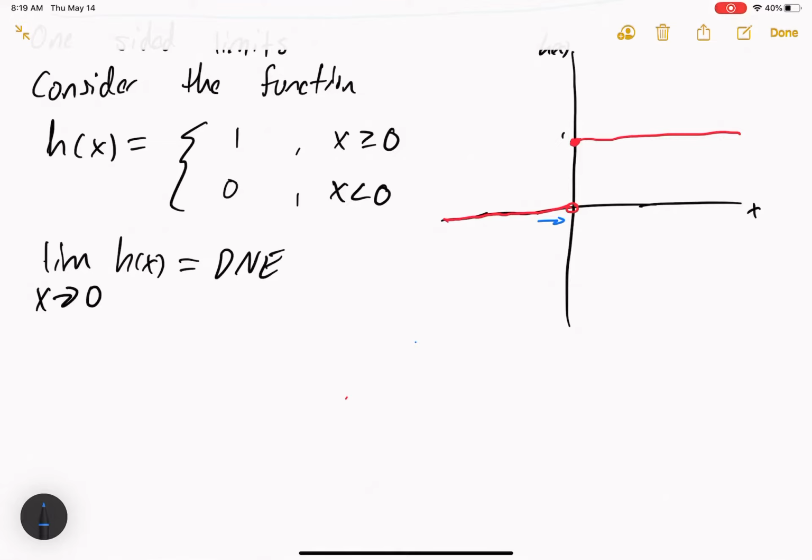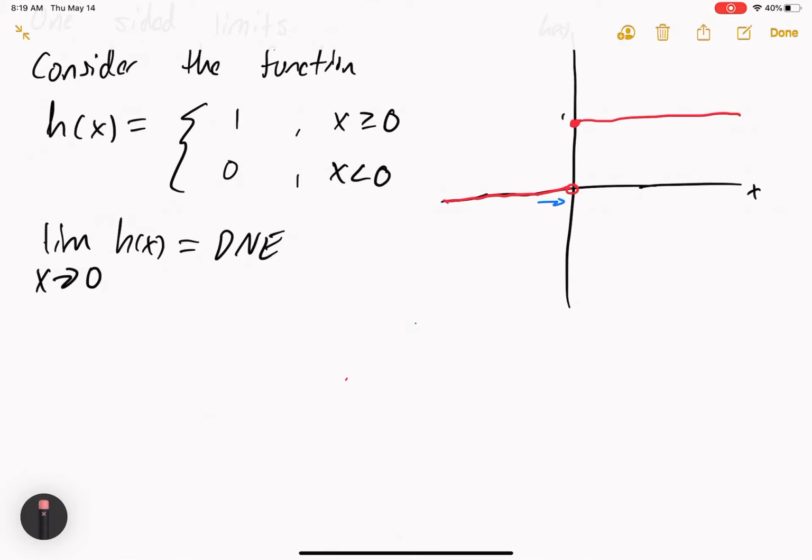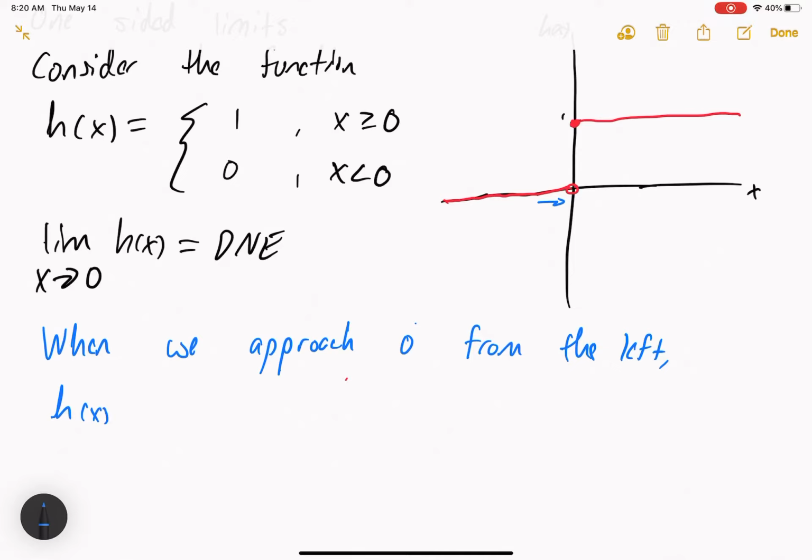Actually, let me write that down, because the way we write that is very specific. When we approach 0 from the left, we have that h of x approaches 0.